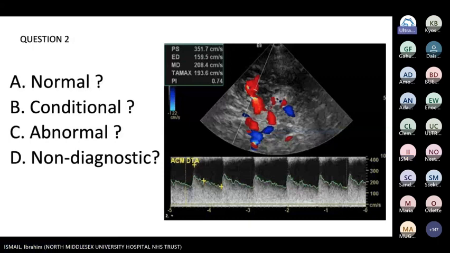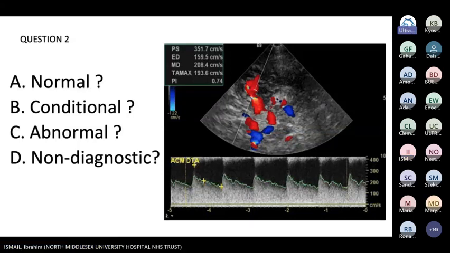I've already launched the one asking whether it's normal, conditional, abnormal, or non-diagnostic. I can launch one after this. Well, maybe just ask our participants to write in the comments what vessels we are interrogating. All right.